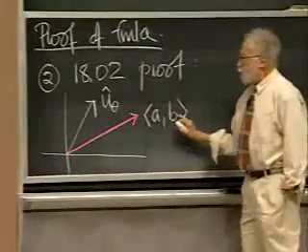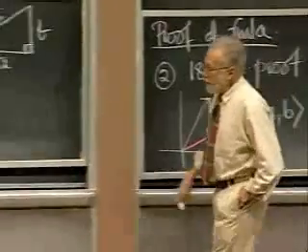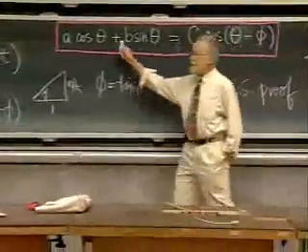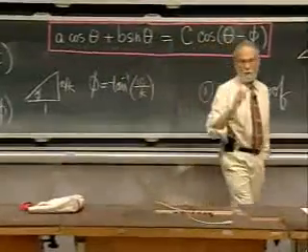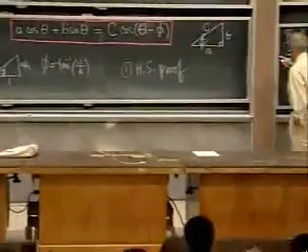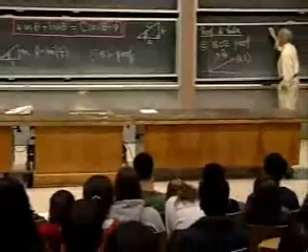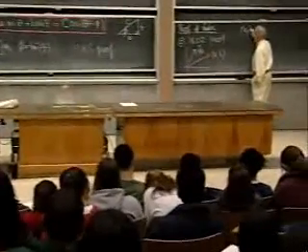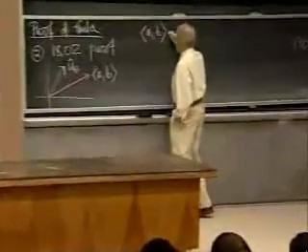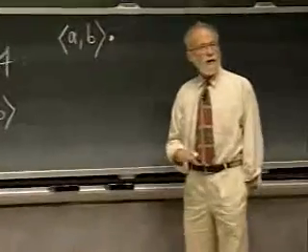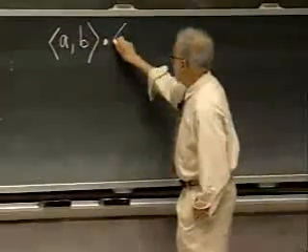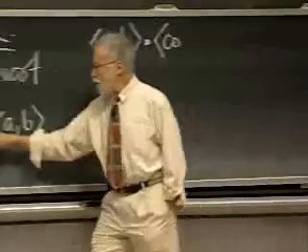Now, the reason for doing that is because you see that the left-hand side is a dot product of two vectors. The left-hand side of the identity is the dot product of the vector (A, B) with the vector whose components are cosine theta and sine theta. That's what I'm calling this unit vector.